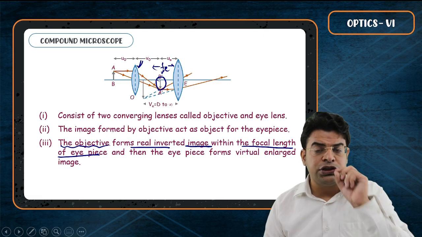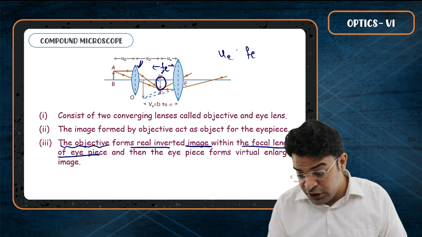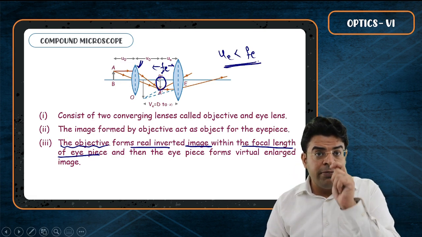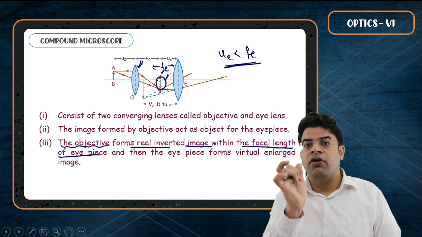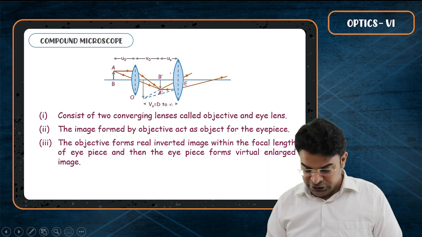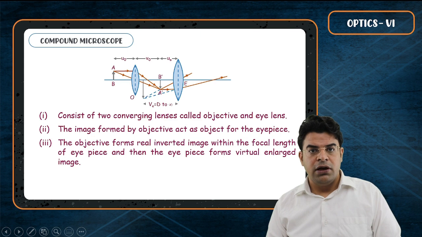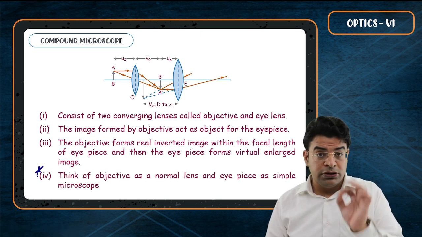So if they ask you which one has to be greater, ue or fe, you will say that sir, ue should be less than fe. The distance of the image formed by the objective should be less than the focal length of the eyepiece from the eyepiece. Then the eyepiece forms a virtual enlarged image. Next point, children. And this is an important point, I will say, the most important point.